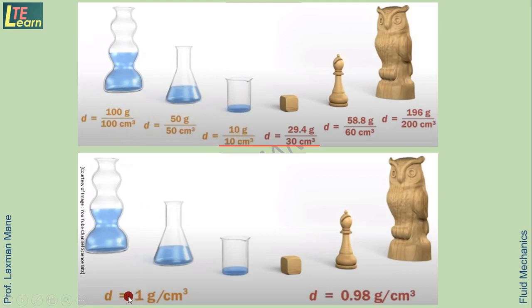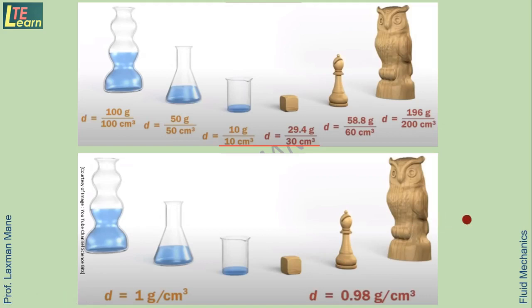But if you see here, the ratio is the same for all, that is density. On the right side, for the solid object having different sizes, here also with the values it is indicated that this ratio is the same, that is, the density of this object is the same for all the different masses and volumes.